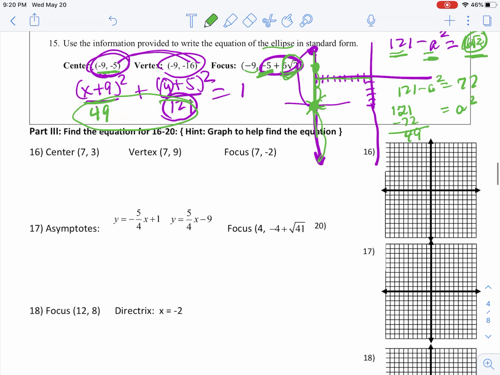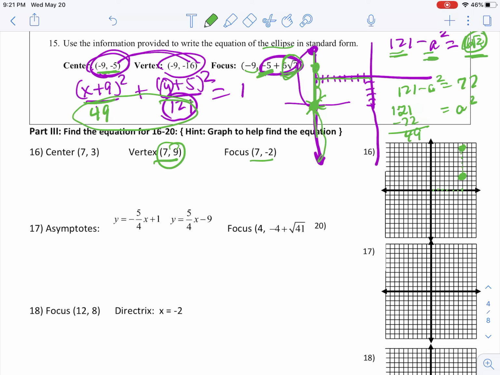All right, on 16, we have a center at 7, 3. We have a vertex at 7, 9. Let's see, 4, 5, 6, 7, 8, 9. And so we have a focus at 7, -2.